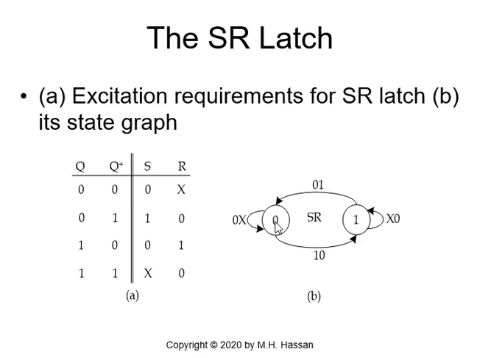For the transition from state 0 to state 1, we need 1, 0, because S needs to be 1 and R to be 0. From 1 to 0, going back to state 0, we need 0, 1. And if we remain at state 1, from 1 to 1, S is don't care and R is 0. So we got the state graph of the SR latch.